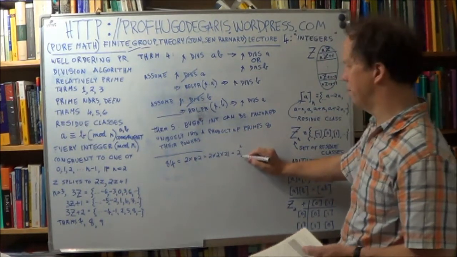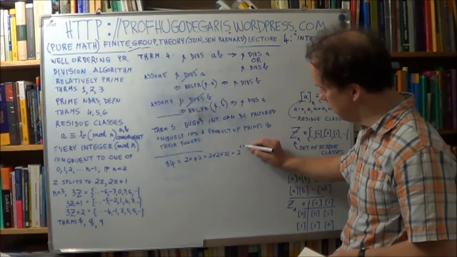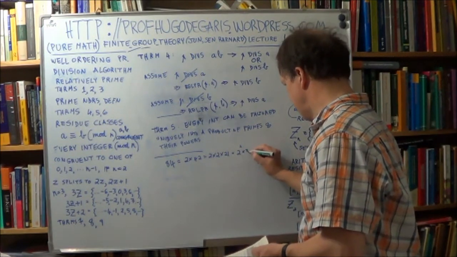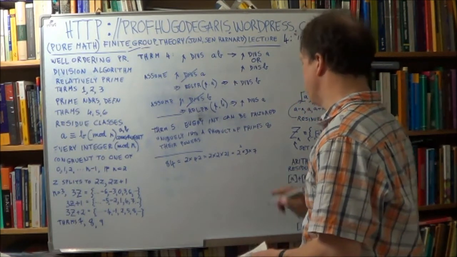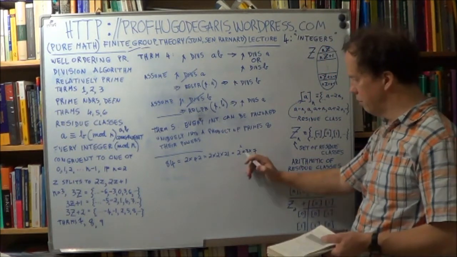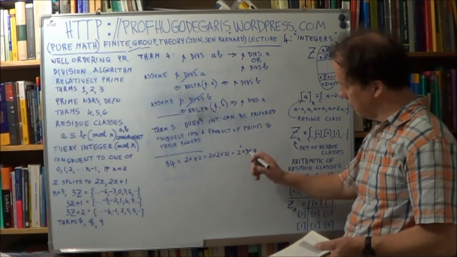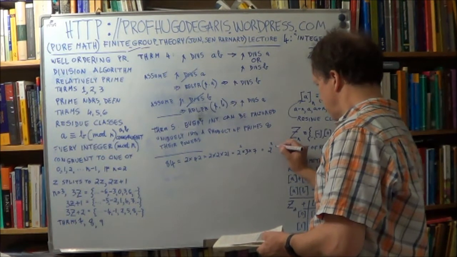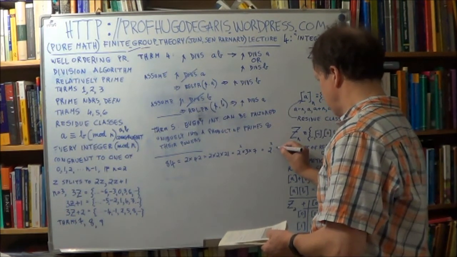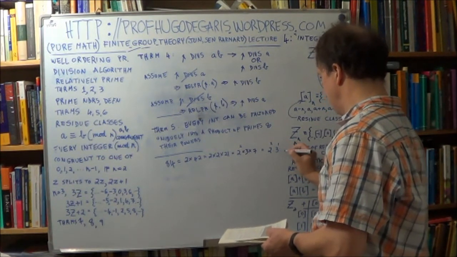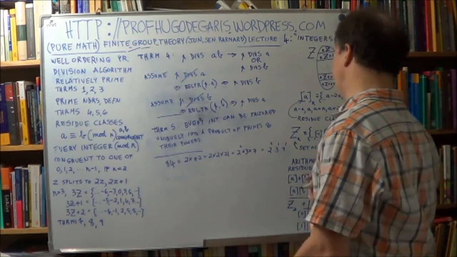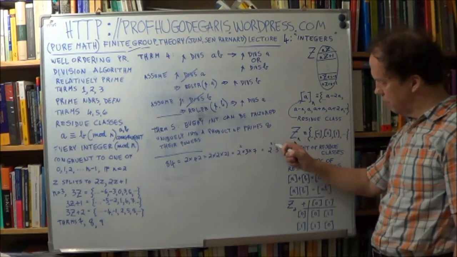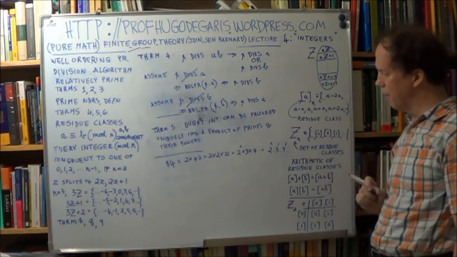Here's a prime number 2, to the power 2, and 21 is 3 by 7. We can't go any further. These are all primes now. 2, 3, and 7 are all primes, and we can tidy that up somewhat. So that's 2 to the power 2 times 3 to the power 1 times 7 to the power 1. So you have a product of primes to various powers.